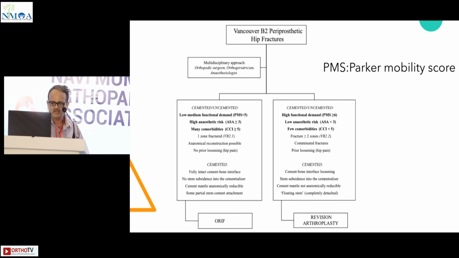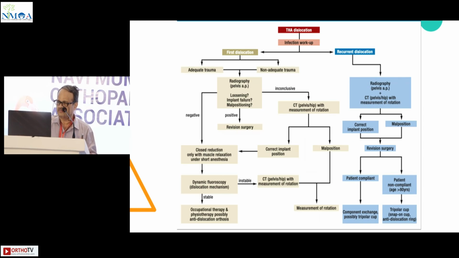So all B2 fractures are not the same. In these cases, perhaps if you have an intact cement bone interface, you can fix even B2 fractures where the stem is loose. If it is B2 but you have high functional demand, low anesthetic risk, and loosening at the cement bone interface, then we have to do a revision.